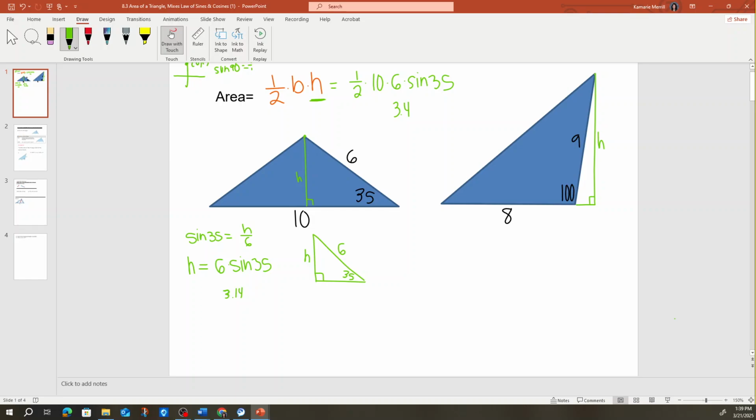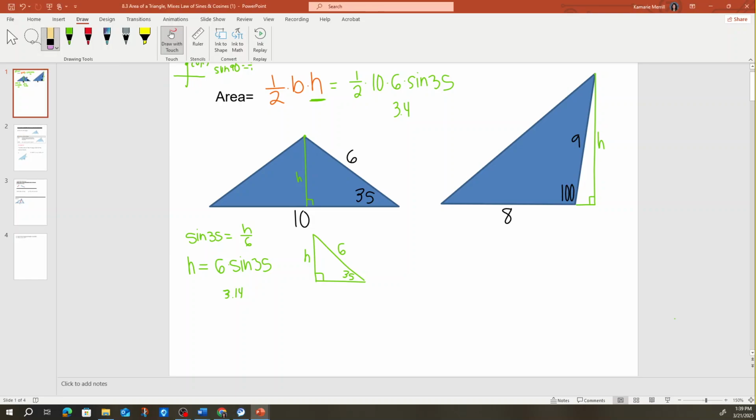Instead of 1/2 base times height, and I can use trig, what do you guys notice? It was 1/2 my base times the other leg, don't call it the hypotenuse when it's here. Let's erase that now because we don't need it.